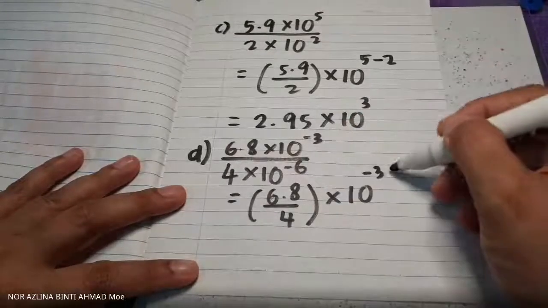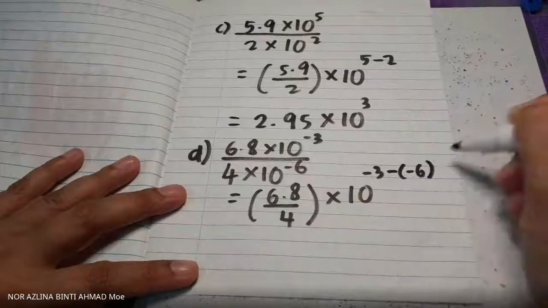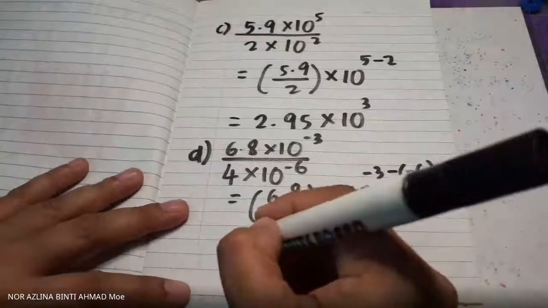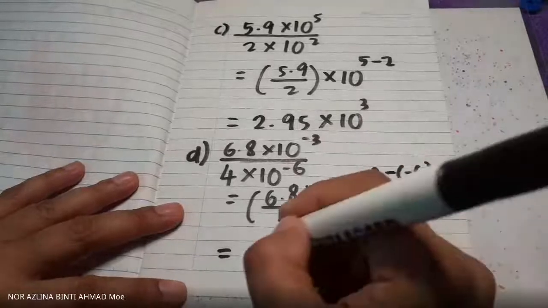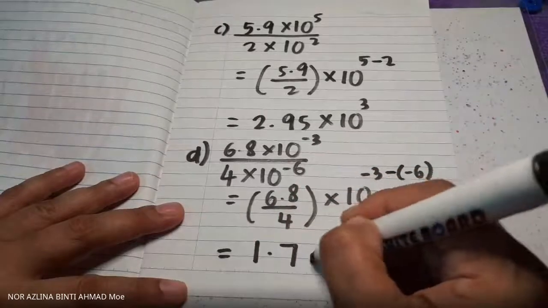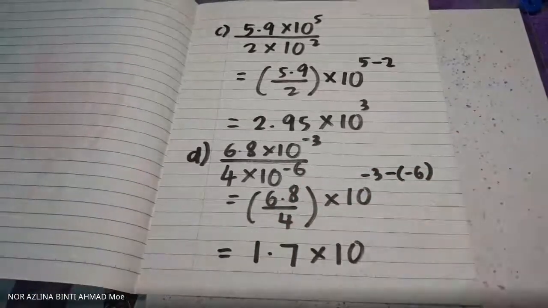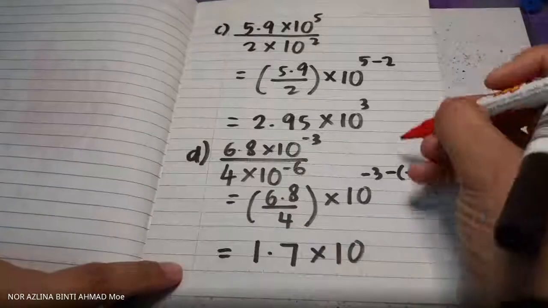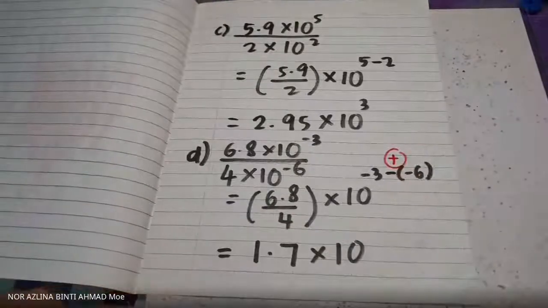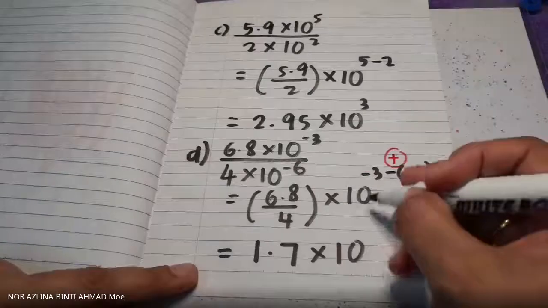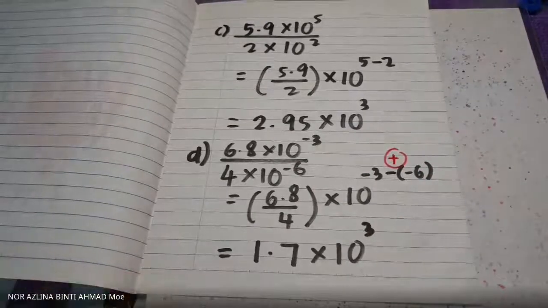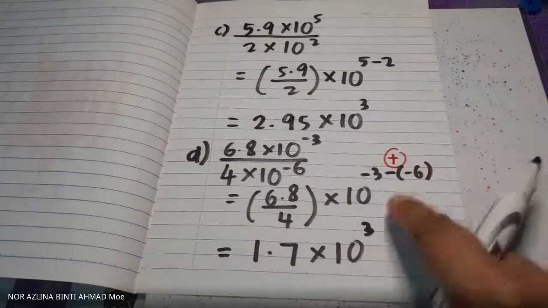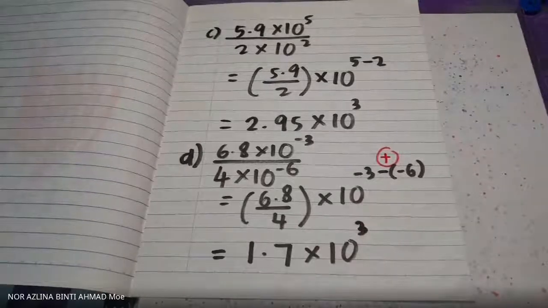This is division, so minus negative 6. So 6.8 divided by 4, we get 1.7 times 10 to the power of, negative and negative become positive. So negative 3 plus 6 become 3. So 1.7 times 10 to the power of 3.